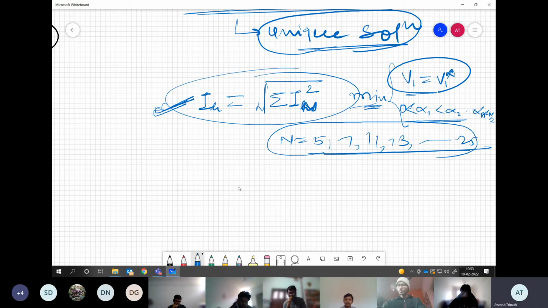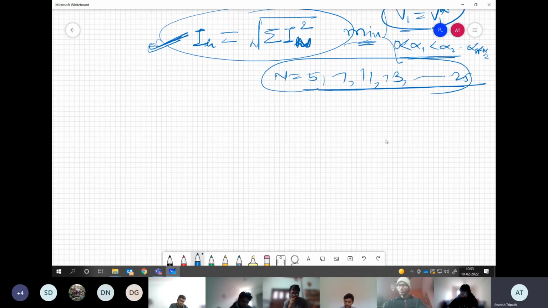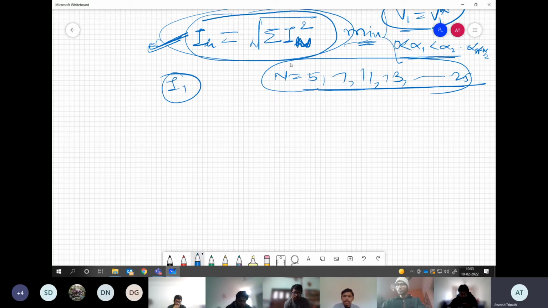Understanding my point? Now, this is where we come up with something which gives the property of the system in terms of how much current you are drawing in the fundamental. This does not say anything about the number with respect to the fundamental.